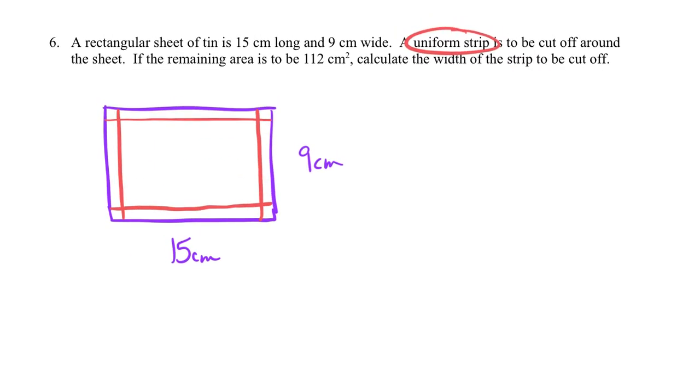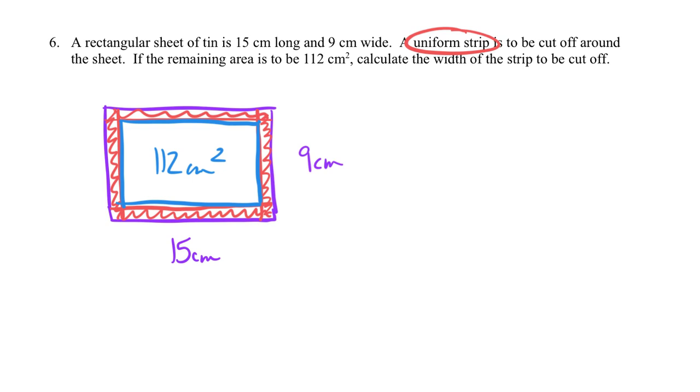If the remaining area is to be 112 centimeters squared, so when I cut off all of this stuff around the outside of that purple, the rectangle that's left over, which is now the blue one, has to have an area of 112 centimeters squared. The problem wants me to figure out, well, how wide of a strip do I have to cut off to make that happen?